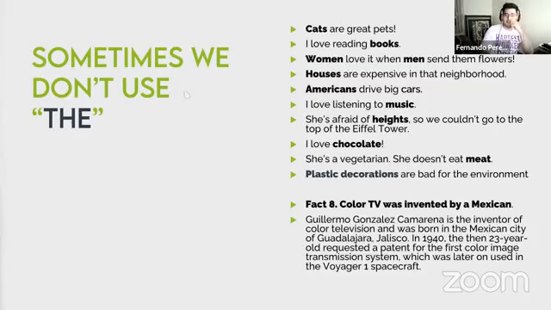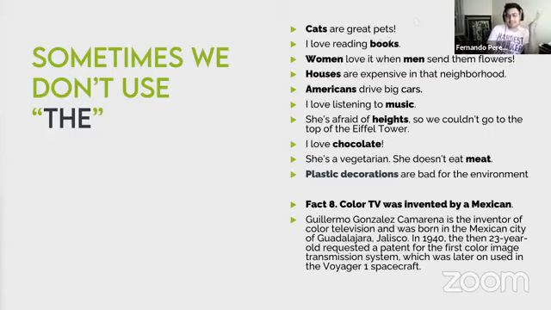Can you repeat, Héctor? Los gatos son grandes mascotas. Grandiosas, sí, claro. Yes, of course. I would say los gatos son chidos. Okay, you're paraphrasing. Good paraphrase. Los gatos son chidos.